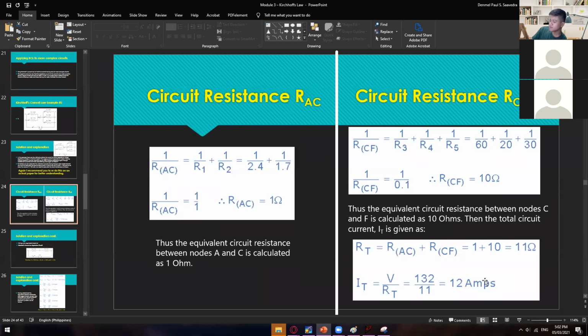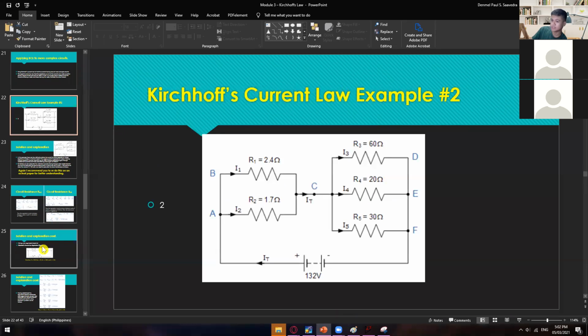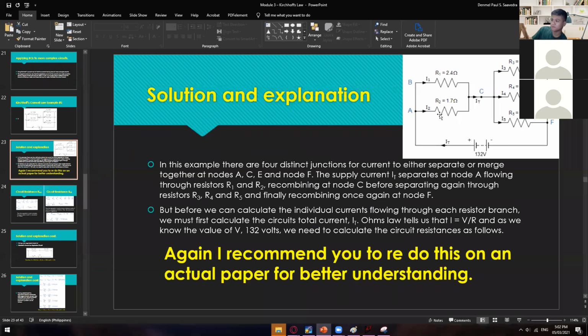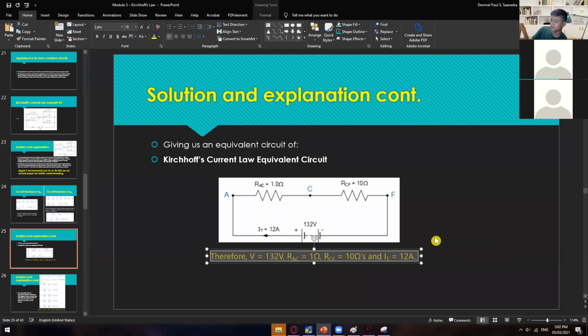All right. So from there, we've solved for the total current for now. And once you have that, you can have this new circuit out of this circuit. So this is the combined RAC, and this is the combined RCF from those three resistors, and these are just the summary of your answer for now.